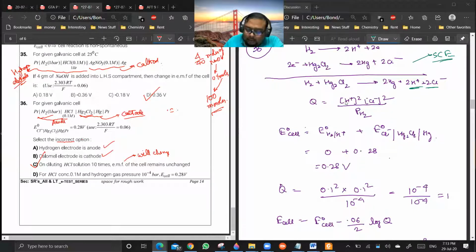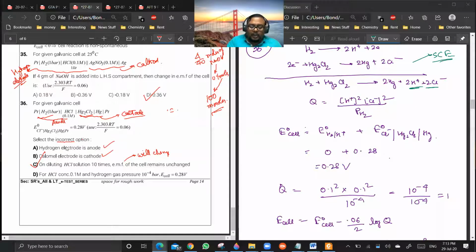If you dilute the HCl solution 10 times, the EMF will change, because E cell is E naught cell minus 0.06 by n, which is 2, log of Q. So Q will change if you dilute the HCl solution. Are you getting my point? Yes, sir. So that is why option C is wrong.